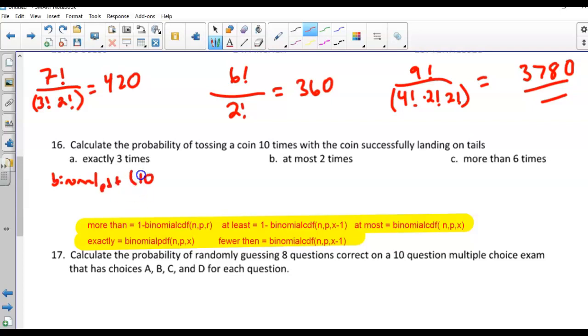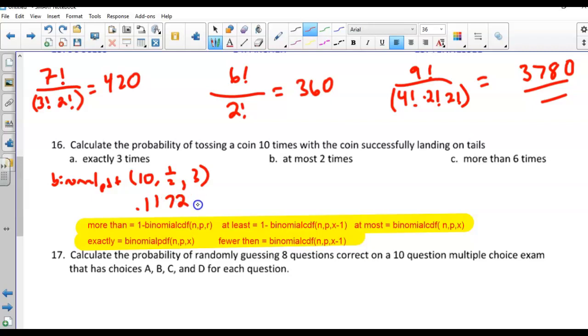And we have 10 trials. The probability of flipping the coin, guys, is 1/2, or 0.5. And then exactly 3 times. So we'll punch that in our calculator, and that'll give us 0.1172.